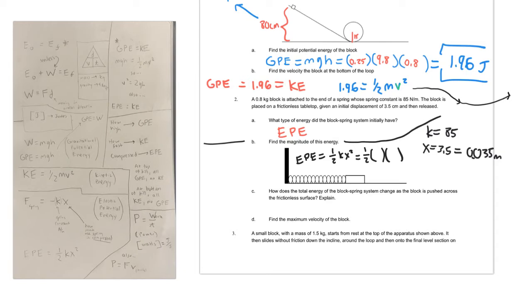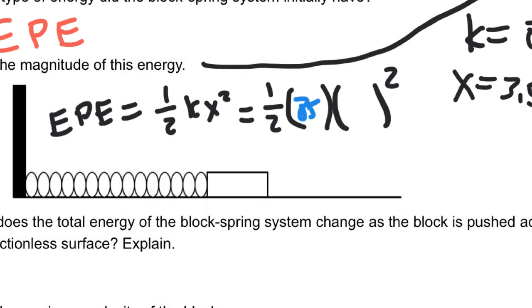K is 85, and x squared, I should really put that too. The x in this case is 0.035, so let me make sure I have enough room to write that. 0.035. All right, I'll just save room by doing that.